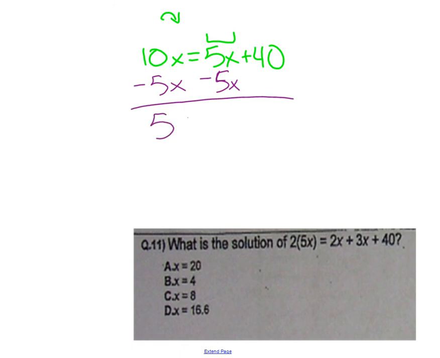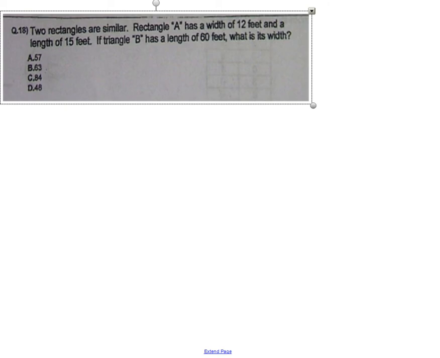So we can get 5x on the left equals, and again, hopefully we can say, duh, this is 8. And again, you could check that. I'm not going to, but you could, because we got stuff to do.